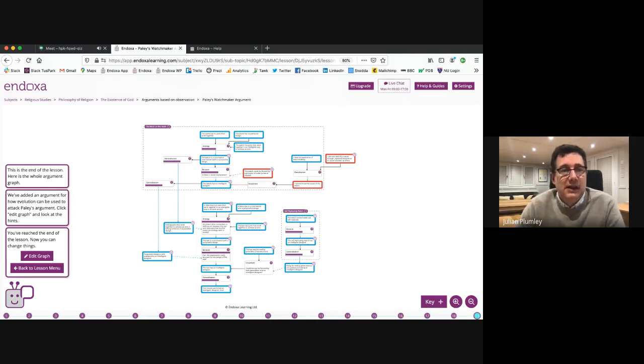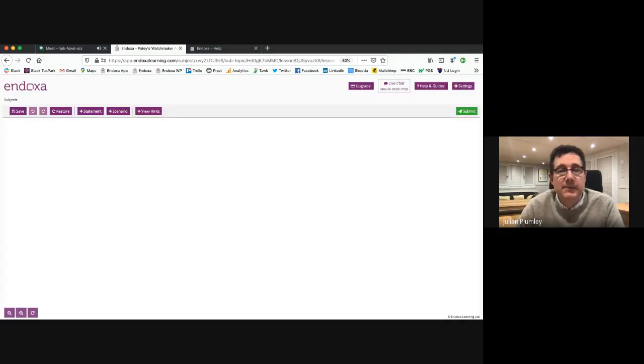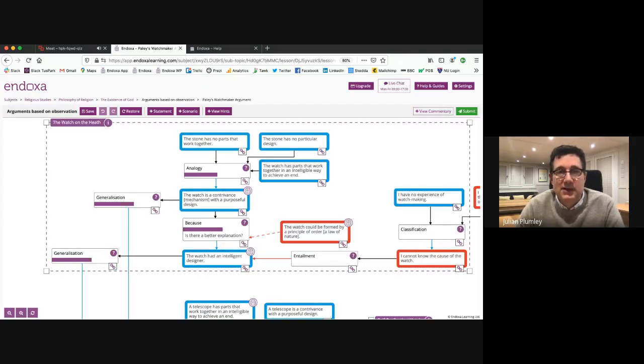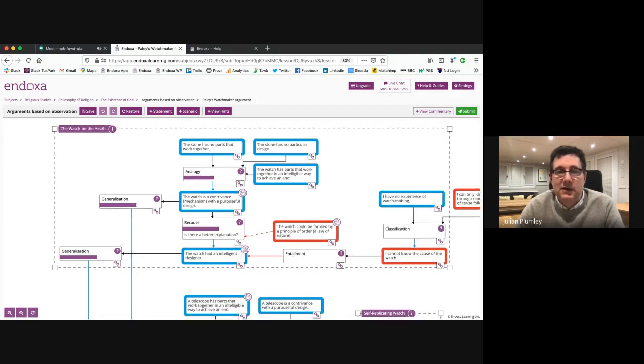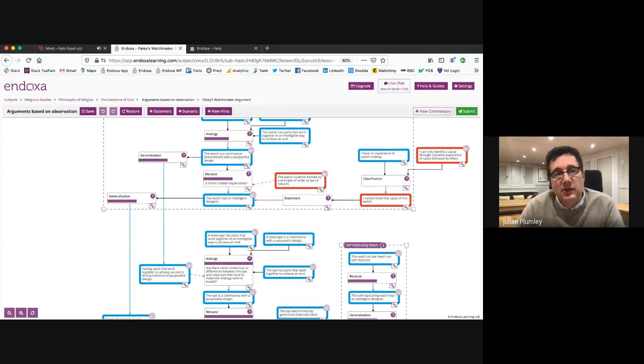Now, if I click on Edit Graph, you'll get a video to watch that will show you an example of this. I'm not going to watch that right now. So you'll go into the Edit part of Endoxa. Here's the graph, and you have these edit buttons, so you can start to add statements, add scenarios, make new links, things like that.